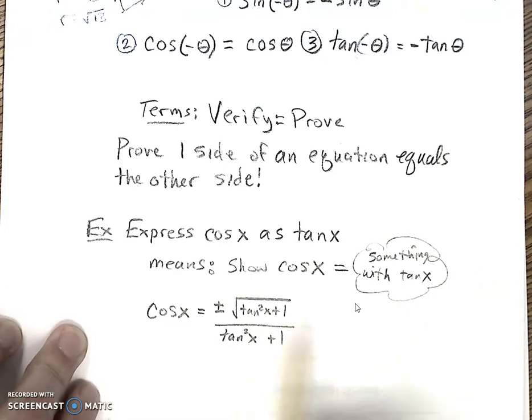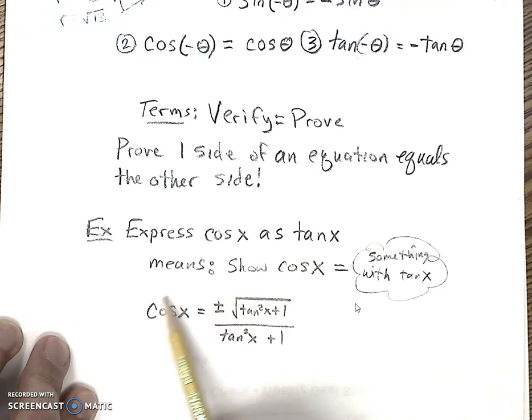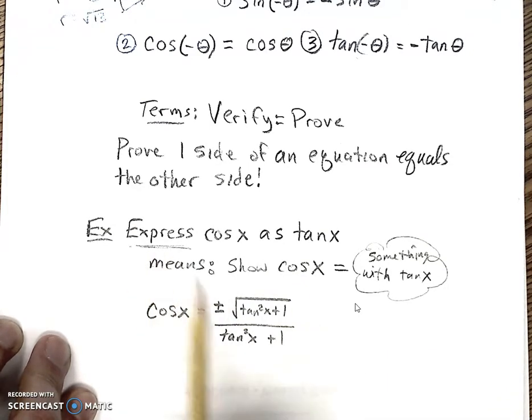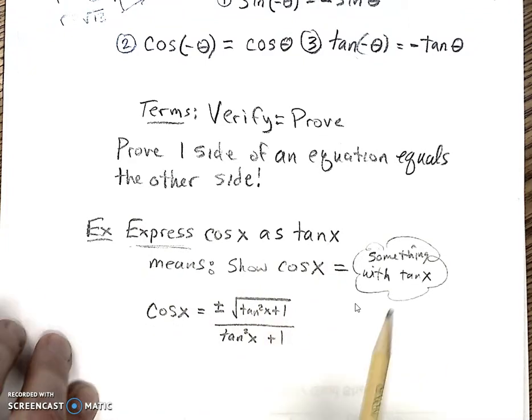This is something we will show in another section in a problem. But for right now, we just need to understand what this terminology means. Express cosine as tangent means tell me that the cosine equals something with tangents in it.